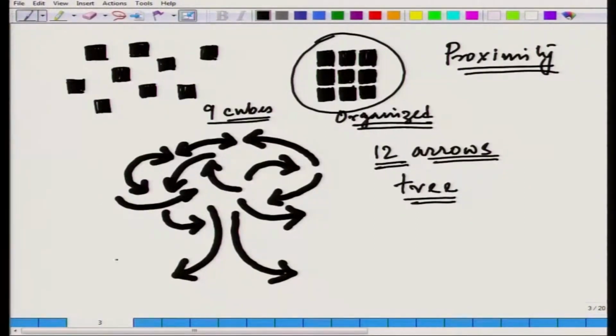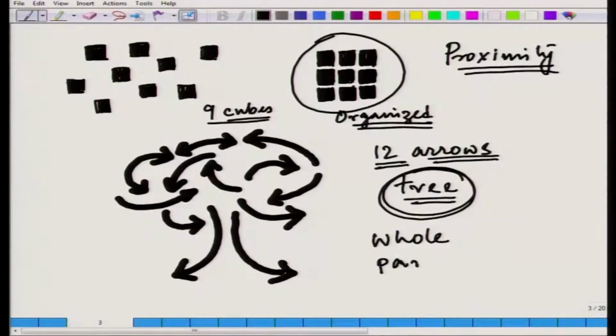So, when we look at it, we do not read them as 12 arrows, but as a formation of a tree. So, that is the basic of how the whole predominates over parts.